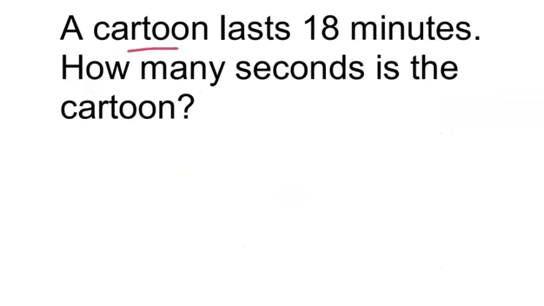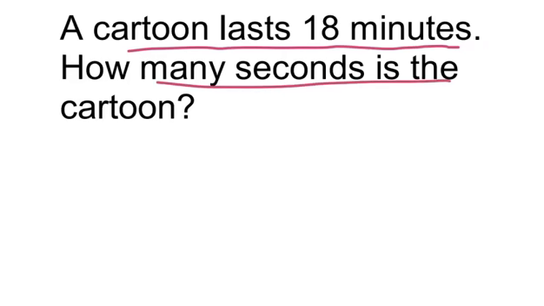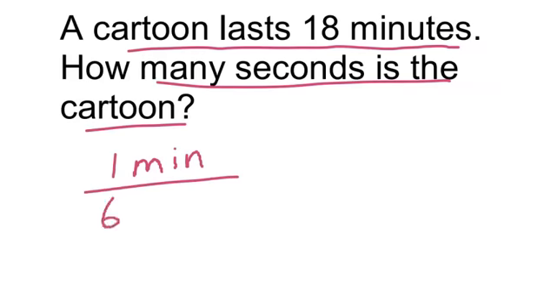All right, a cartoon lasts 18 minutes. How many seconds are in the cartoon? Okay, well, let's just set this up. 1 minute is how many seconds? Well, 1 minute has 60 seconds. So we can set it up this way.